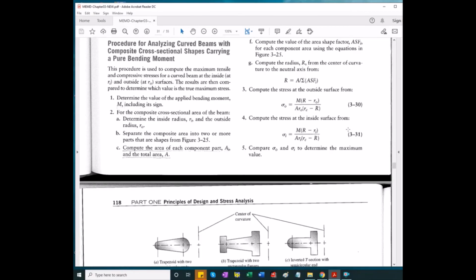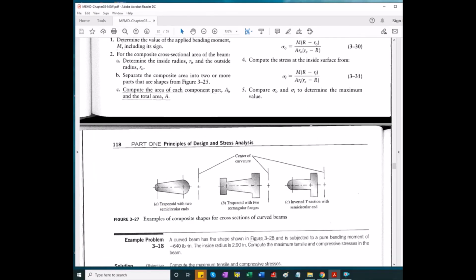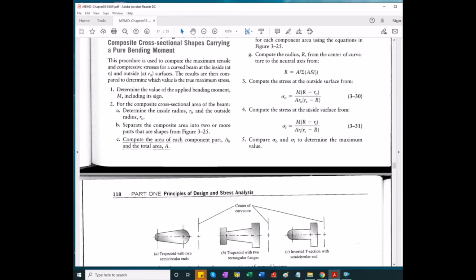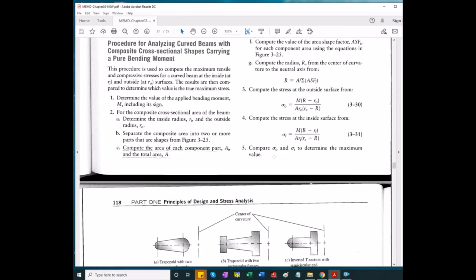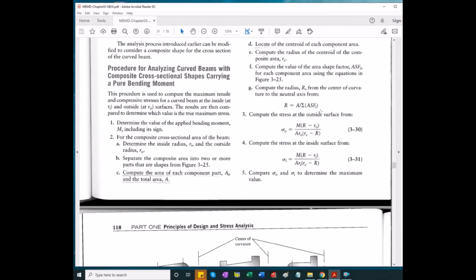Area in this equation is going to be the total area, easy, and for the area shape factors, you're just assuming half a disc, another half a disc, the trapezoid itself, or a trapezoid with two rectangular pieces. Calculate the area shape factor for each. You take the sum of the three and use it to divide the total area, and it gets you R, which occurs in this formula.